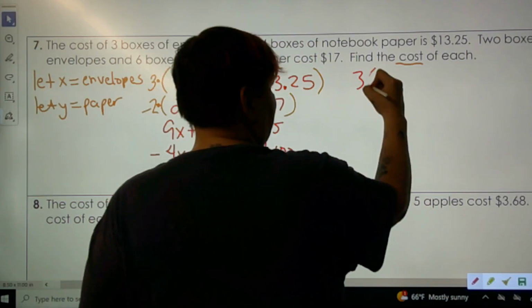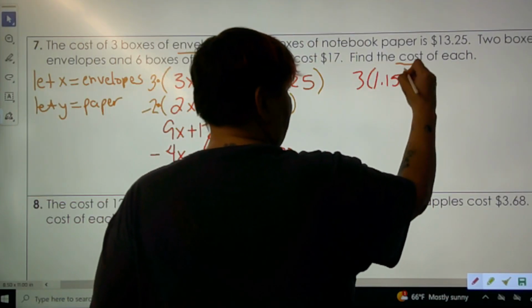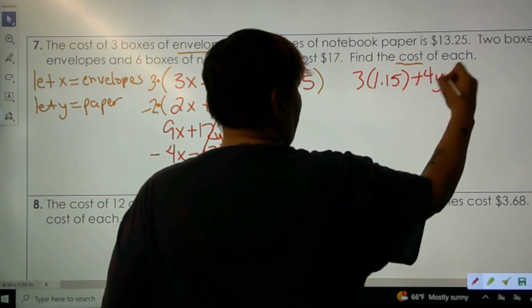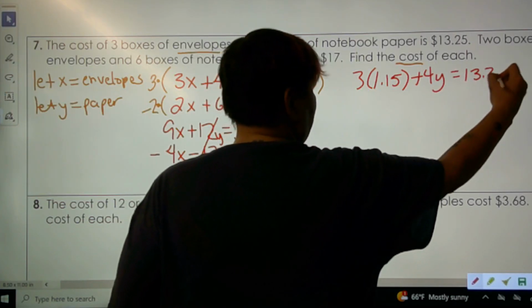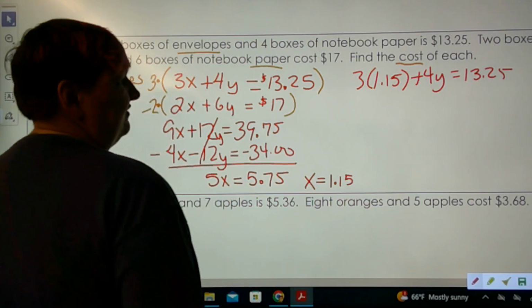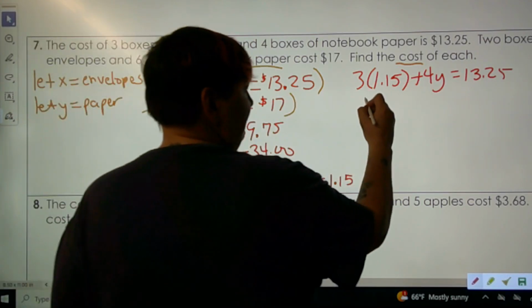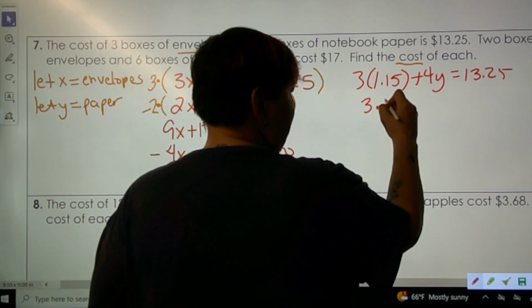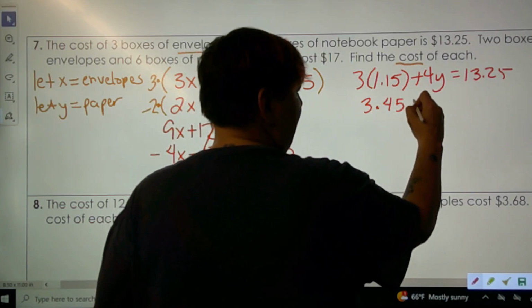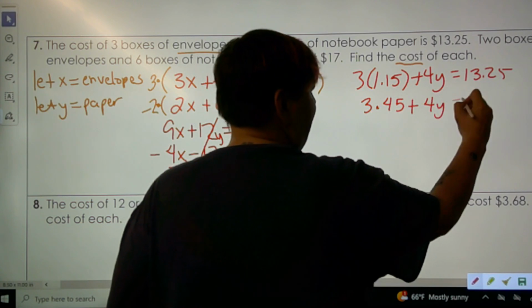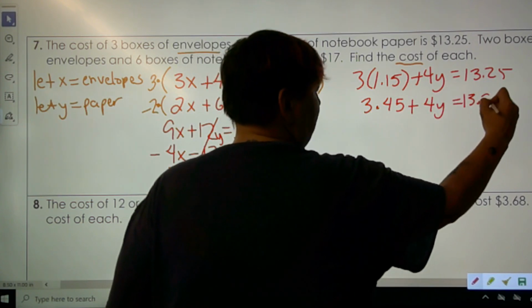3x plus 4y equals 13.25. So that'll be 3.45 plus 4y equals 13.25.